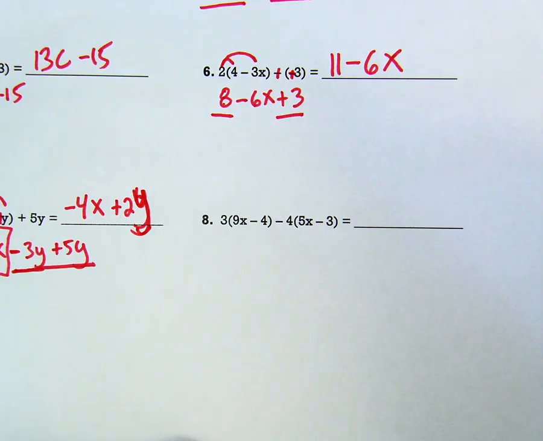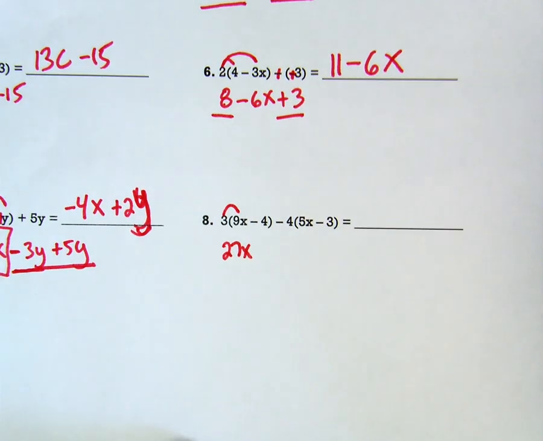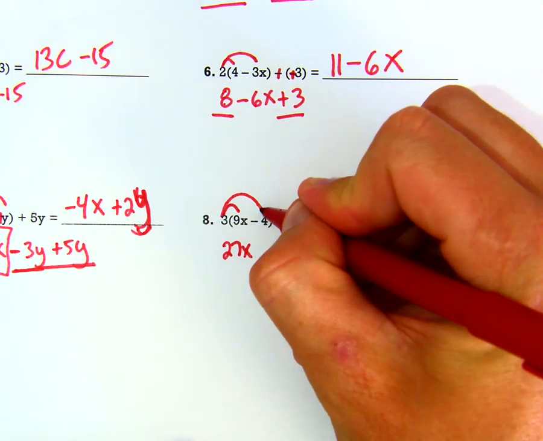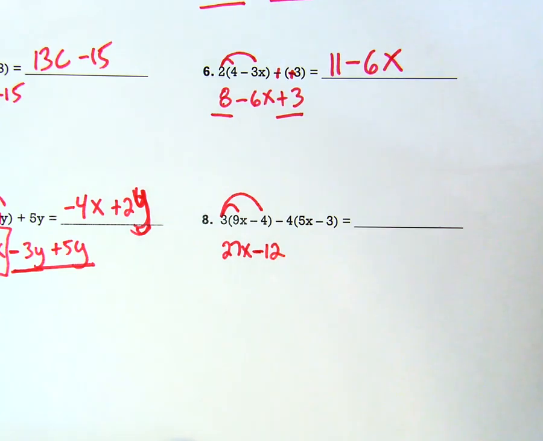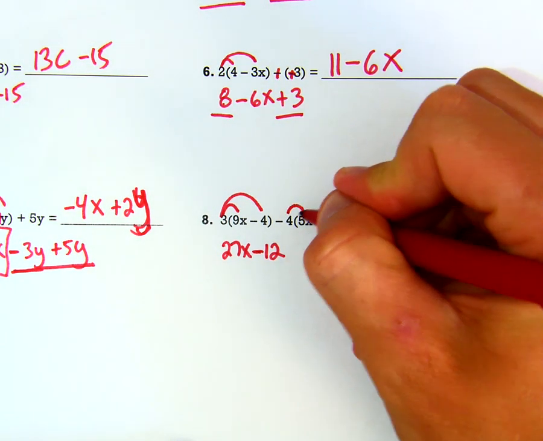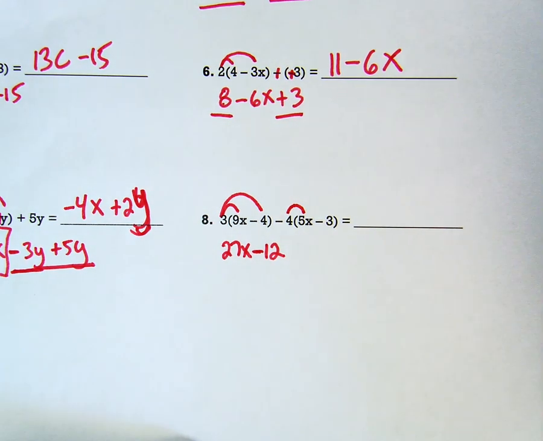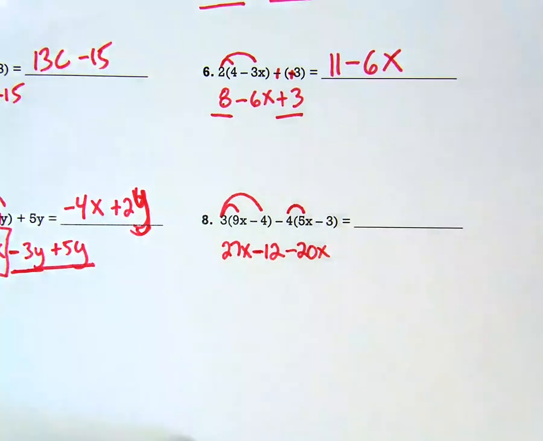And last one. Let's distribute it out. 3 times 9x is 27x. 3 times a negative 4 is going to be negative 12, so minus 12. And I have to distribute this one as well. Don't forget the symbol in front of the 4. That's a minus symbol, so it's a negative 4. So negative 4 times 5x is minus 20x.